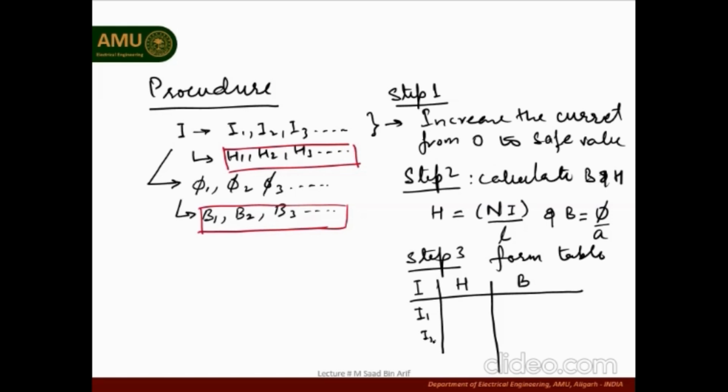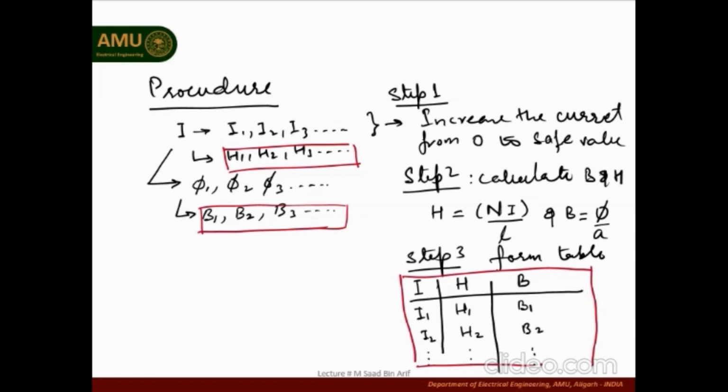Corresponding to it we have H1, H2 and so on. Corresponding to this we have B1, B2 and so on. In this way we will have the data for plotting our BH curve.